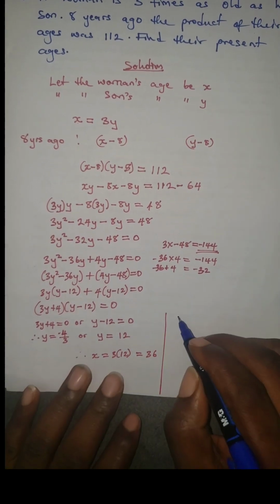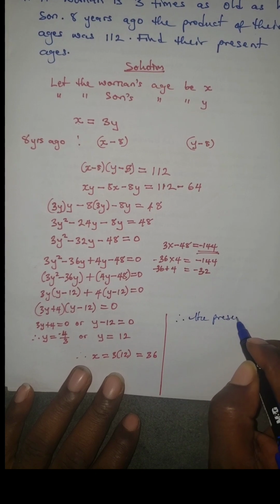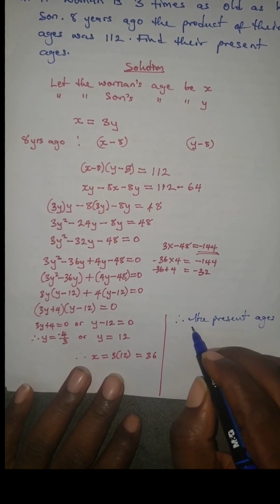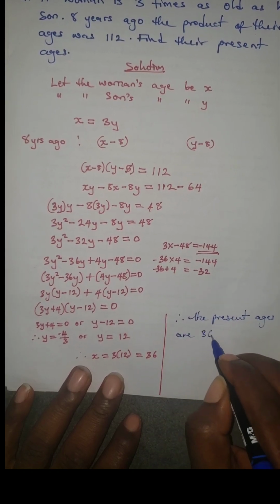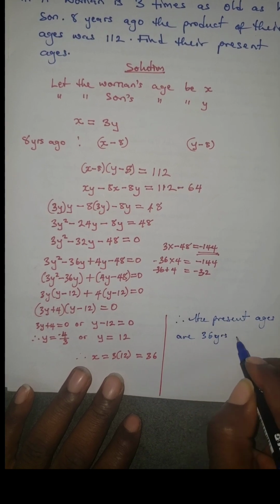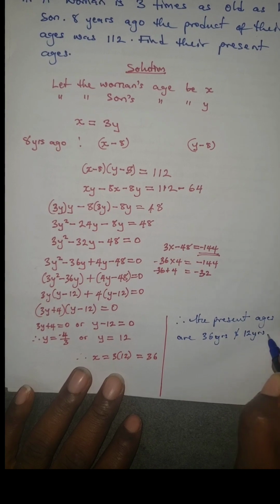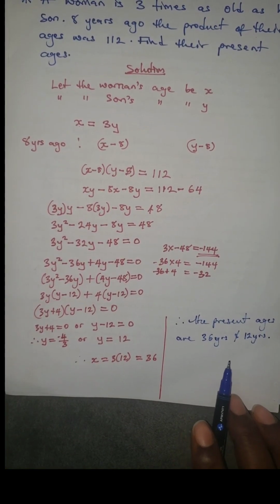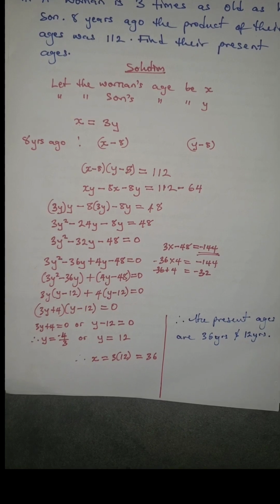Therefore, their present ages are 36 years and 12 years. That's 36 years for the woman and 12 years for the son. So that's how we solve that particular problem.